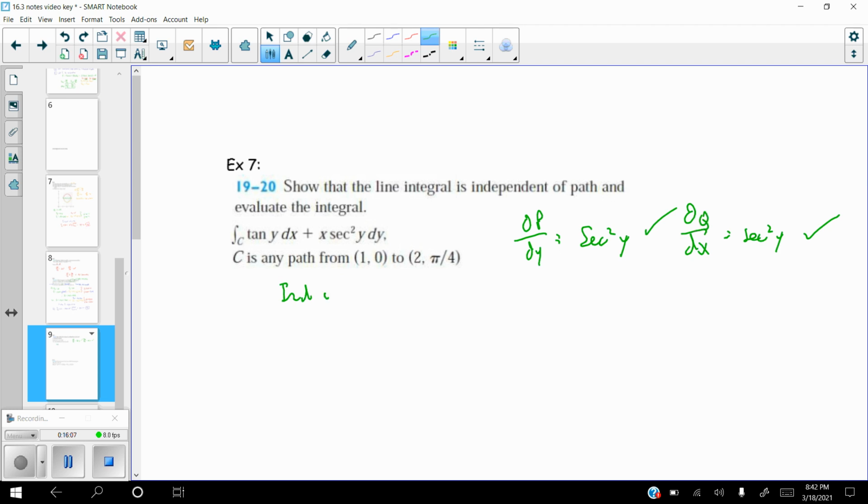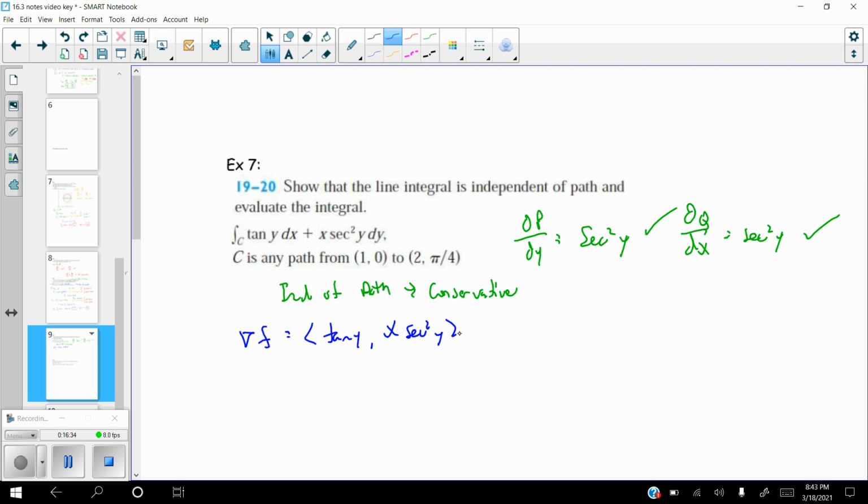We have shown that it is independent of path, which means conservative. So independent of path implies conservative, which means that we can define the gradient as tangent y, x secant squared y.